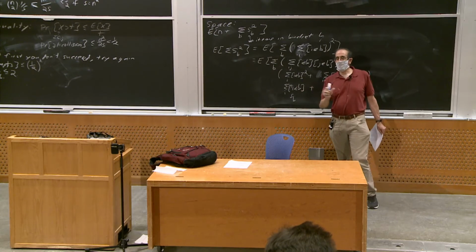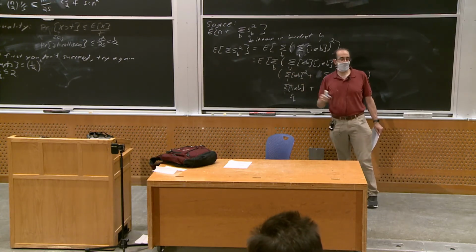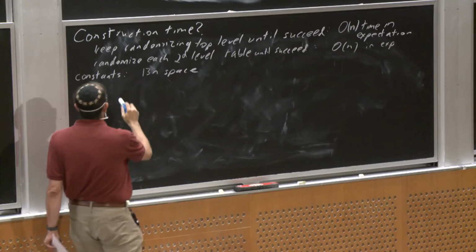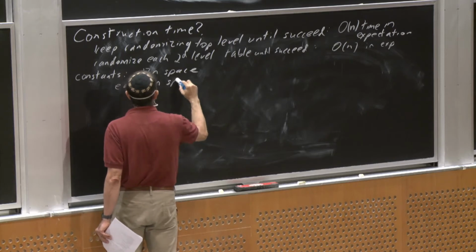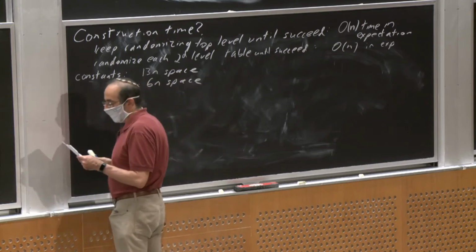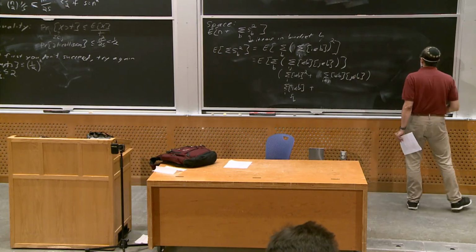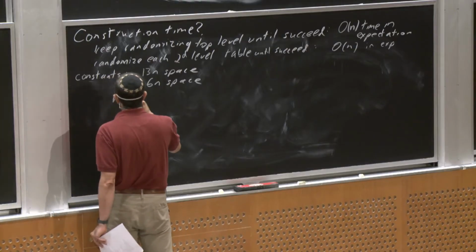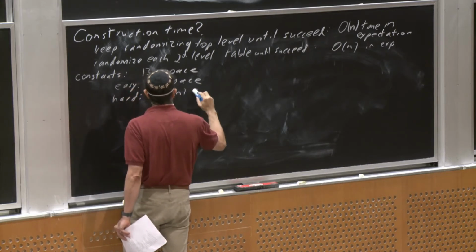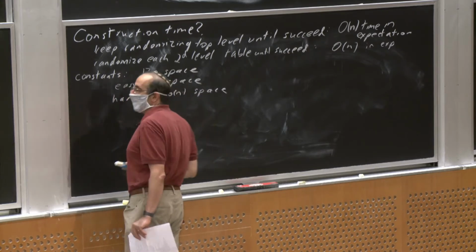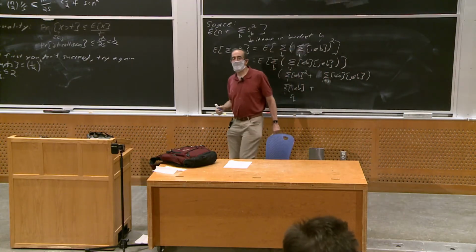The number of machine words, assuming each key can fit in a machine word, is about 13 times that. It's pretty easy to get that down to 6n space. The authors actually managed to get it down to n plus little o of n space. But this required them to be very creative and hacky.